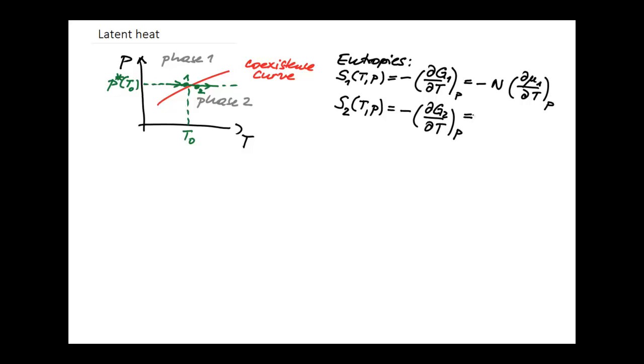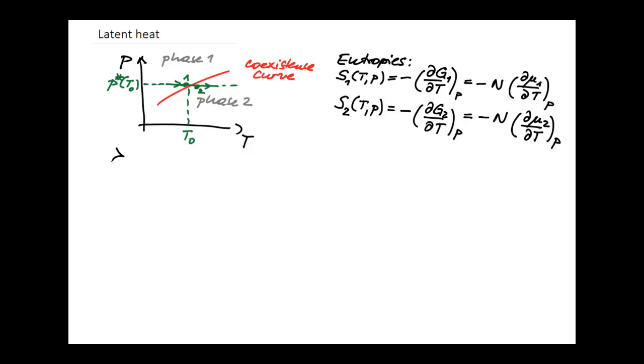Now all the particles are in phase 2. The number of particles in phase 2 equals the total number of particles, which is a constant. So I get minus N, the total number of particles, times the partial of the chemical potential in phase 2 with respect to temperature at constant pressure.